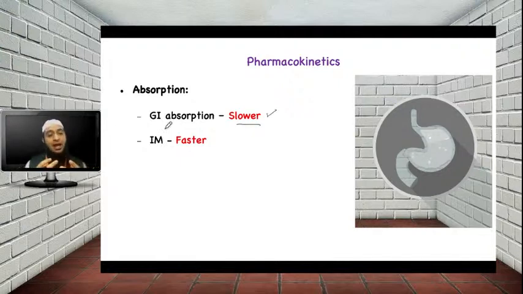In the case of a child, that is again challenging, and it is painful to the child. So if you give the medicine through intramuscular injection, the absorption through this route is too fast. Okay, so with the GIT, the absorption is too slow, whereas with the intramuscular route, absorption is too fast.